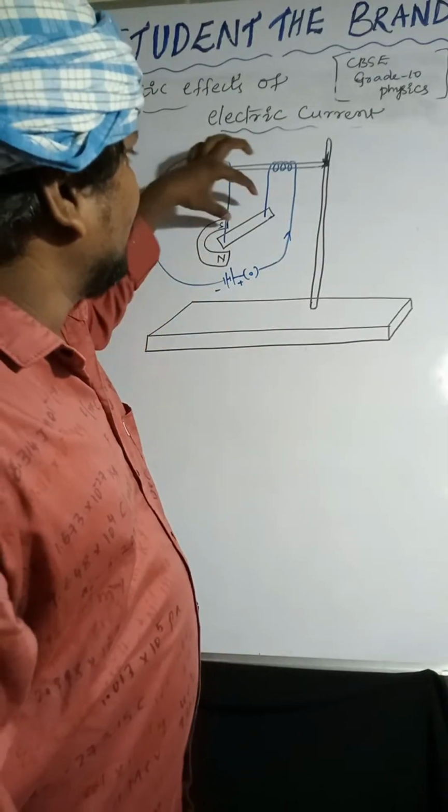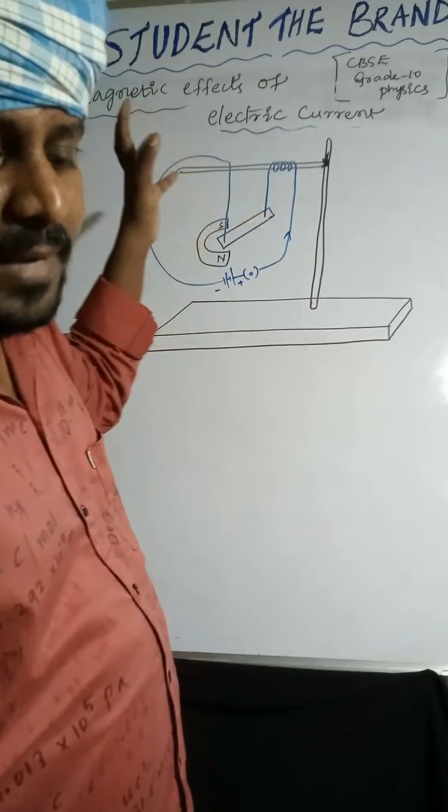This is the external magnetic field, and this is the conductor. When current is passing, it acts as a magnet.